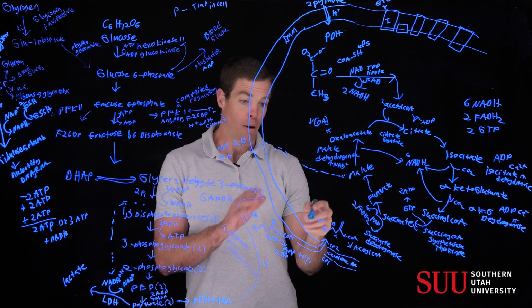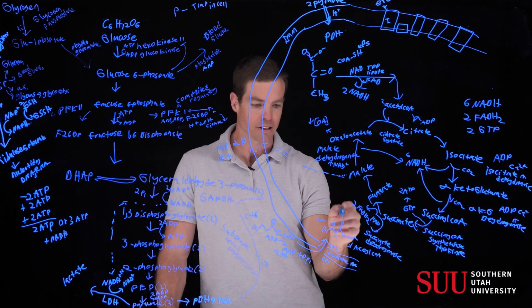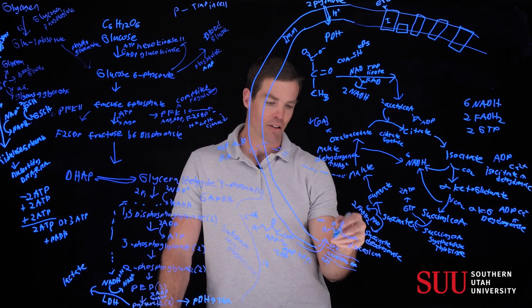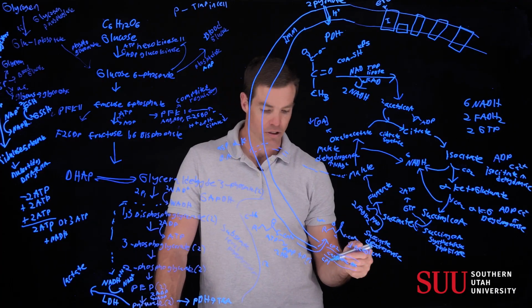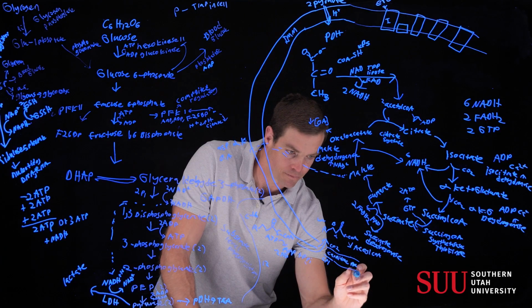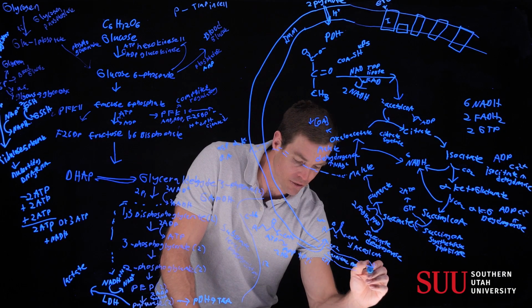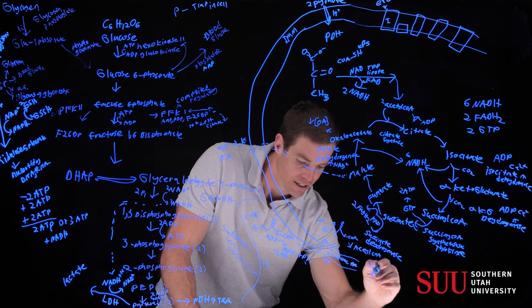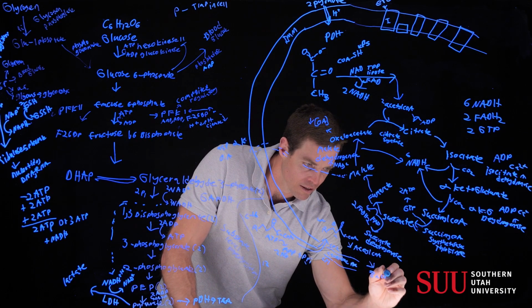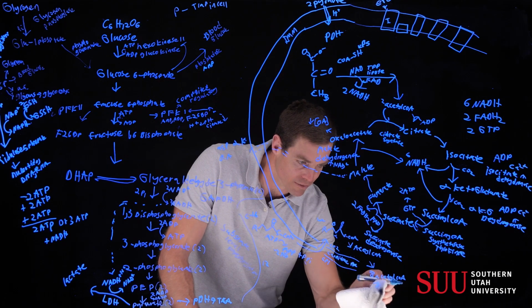Okay, and when you chop this up, you end up making a lot of FADH₂s. So for example, if we were using your palmitic acid example, then in this case, during beta oxidation alone, you're going to end up getting 8 acetyl-CoAs, and you would get 7.